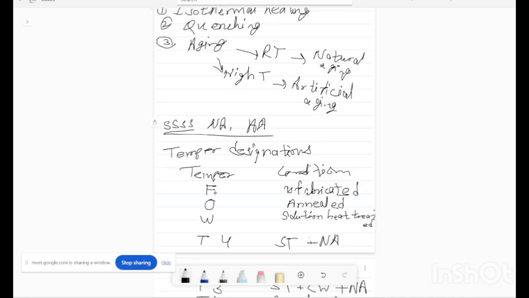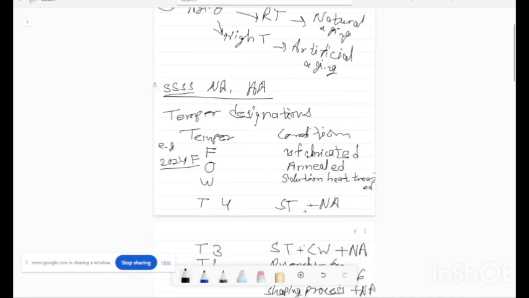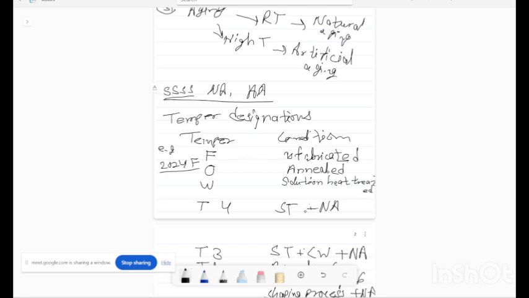For example, if it is written 2024 F, the 2024 alloy with F represents that it is in as fabricated condition. Similarly, for O the condition is annealed. For W, it is solution heat treated.